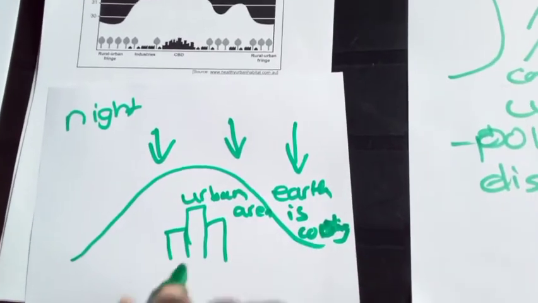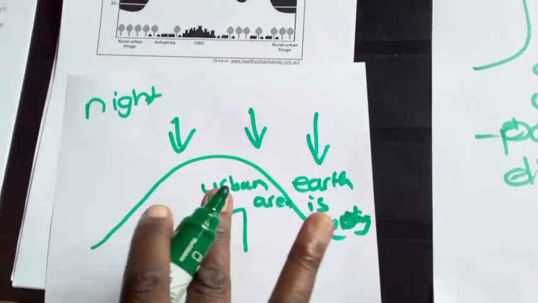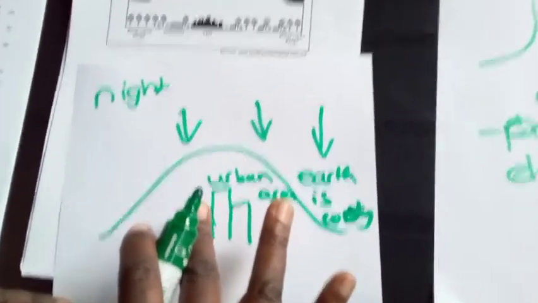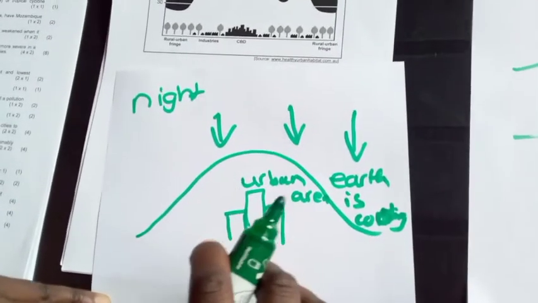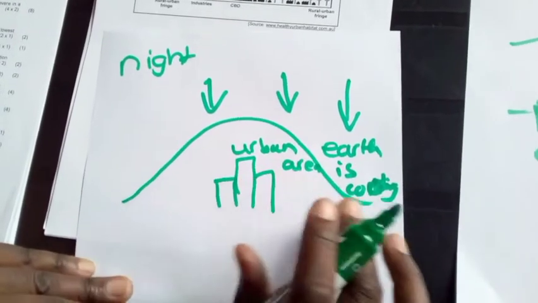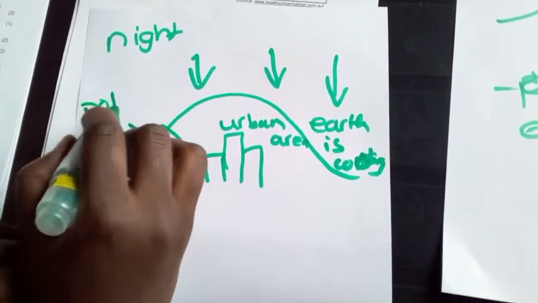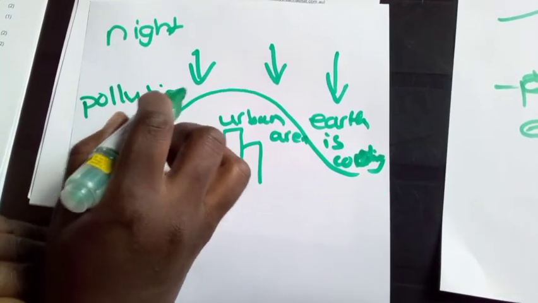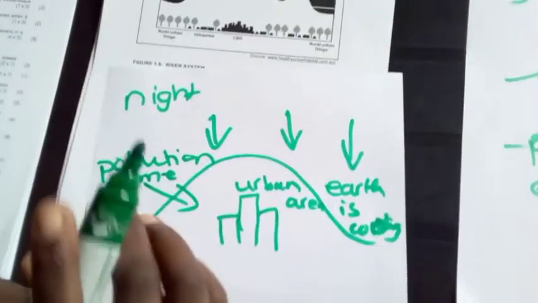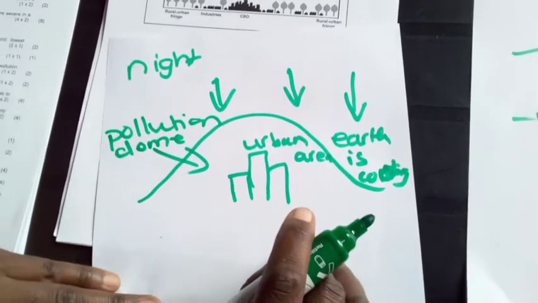When the earth is cooling, pollution subsides, resulting in concentration of pollution closer to the surface, and this creates what we call a pollution dome, as you can see, as I have highlighted for you.